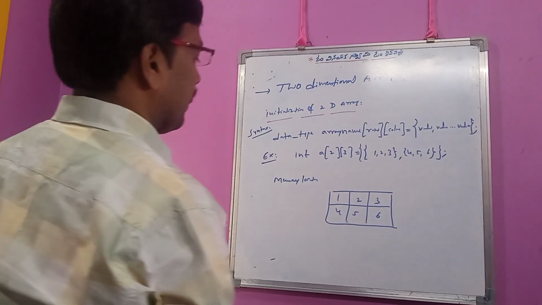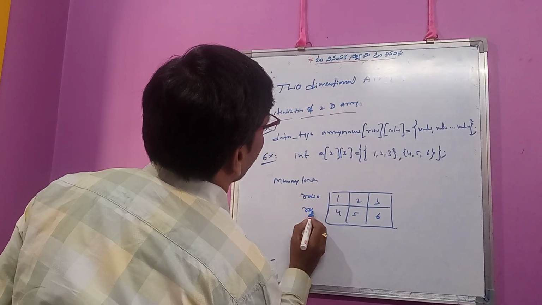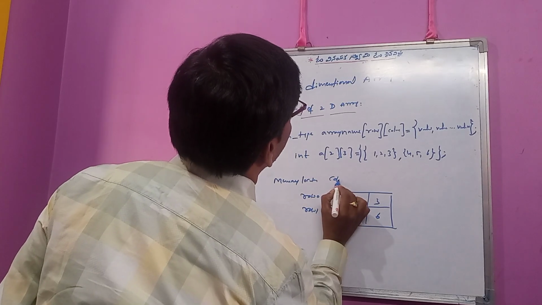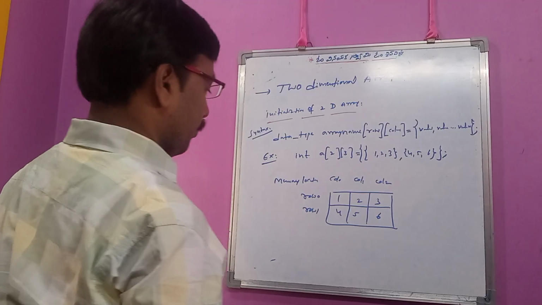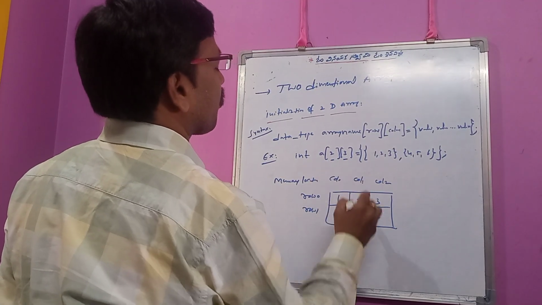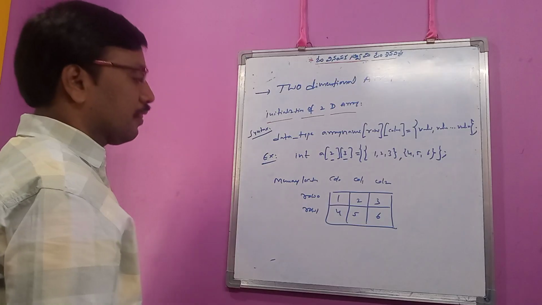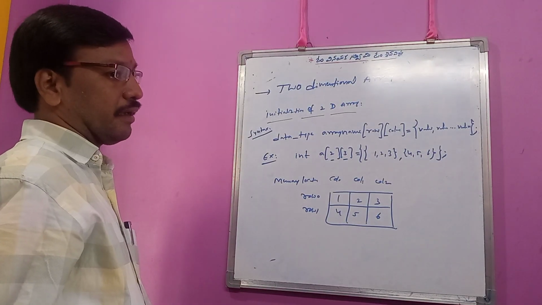This is row 0, row 1, and column 0, column 1, column 2 positions. This is 2 rows and 3 columns. It is a two-dimensional array, in a tabular format.